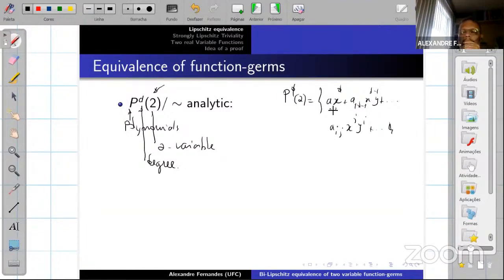You can see this set as some K^n, the set of polynomials of degree d in two variables. The coefficients are in C or R, it doesn't matter. You consider all the polynomials in this set as function germs at the origin. They are polynomials, so you can see them as function germs. And you consider the analytic equivalence, and you ask about the equivalence classes of these function germs.